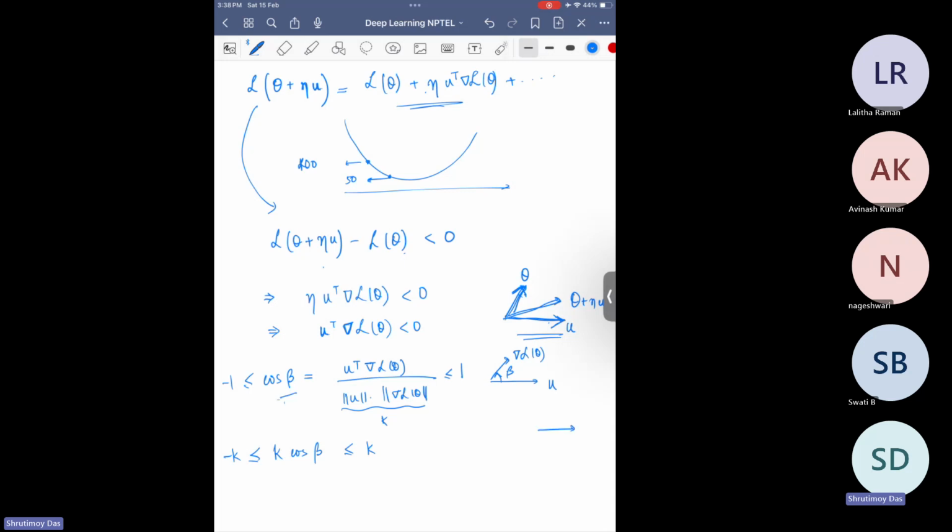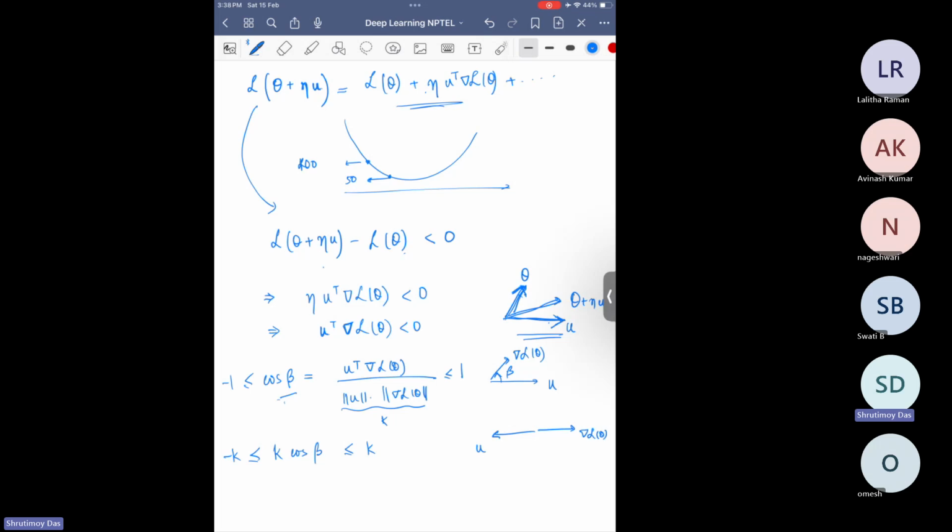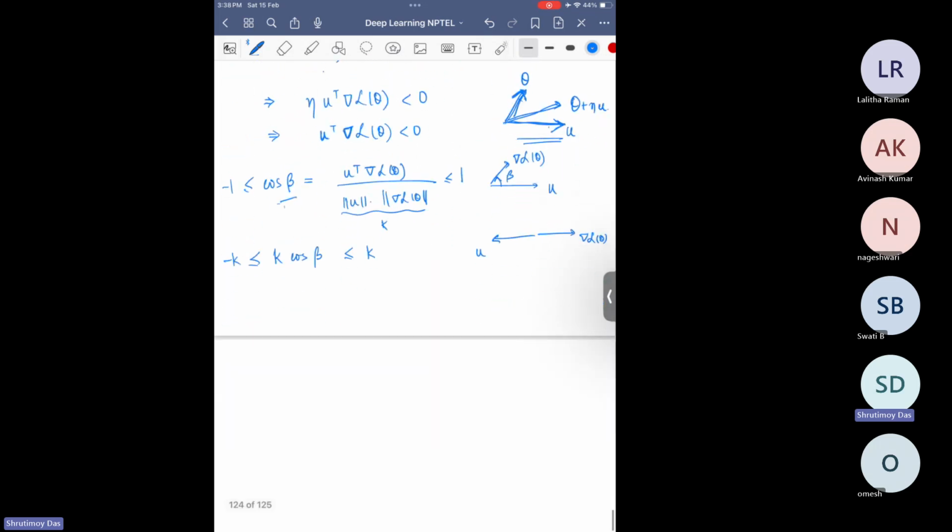So we have, say, gradient of L theta in this direction, and the new direction u is in exactly the opposite direction. So this is where the concept of gradient descent comes in. I am diverting a bit.